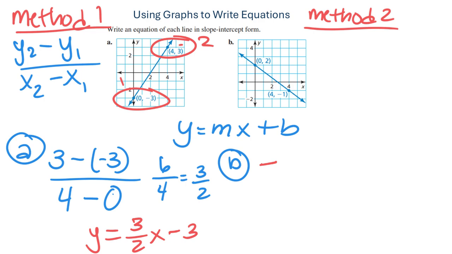Is it 4 over 3? What is it? 3 over what? 3 over 4. So we have here 1, 2, 3, and then 1, 2, 3, 4. Correct? Oh, yeah.